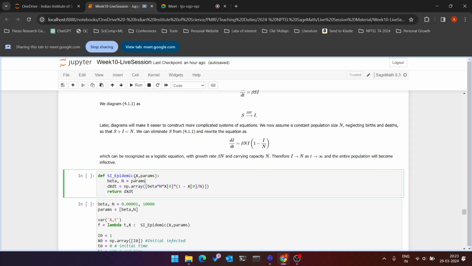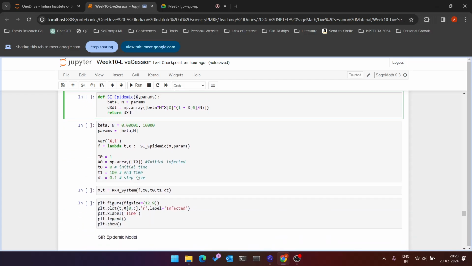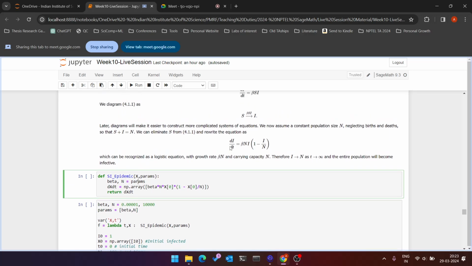So, we define the SI epidemic again, following the same process that we have done here. We define capital X as my state, but because S plus I equals n, I only have one variable in my state, which is infected. So dx by dt is beta into n into infected, multiplied by 1 minus infected by n.